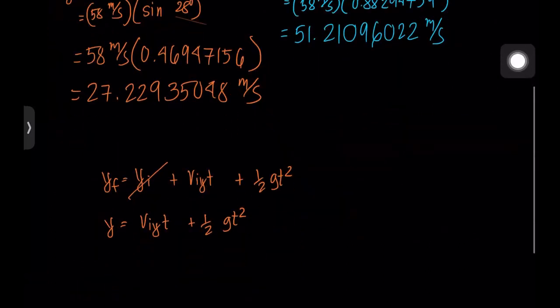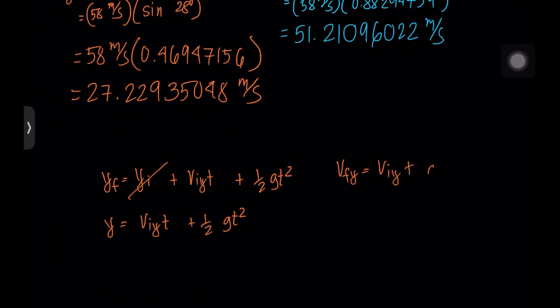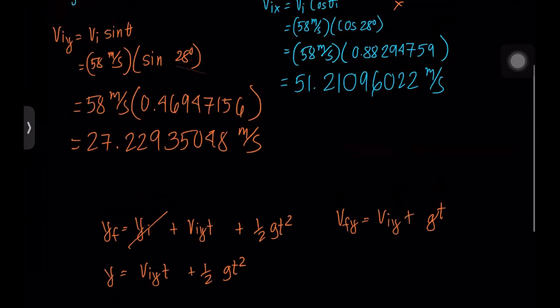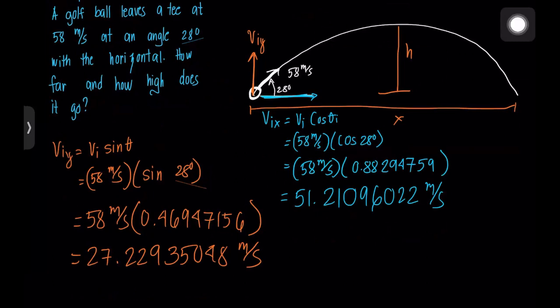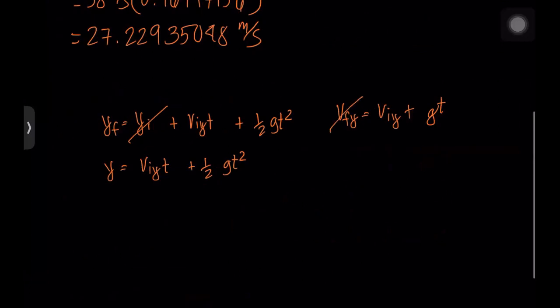We can use the formula v sub fy is equal to v sub iy plus gt. There is a point in time when the velocity in the y direction is zero, at the highest point. So we can cancel that out and transfer it to the other side: negative gt is equal to v sub iy.